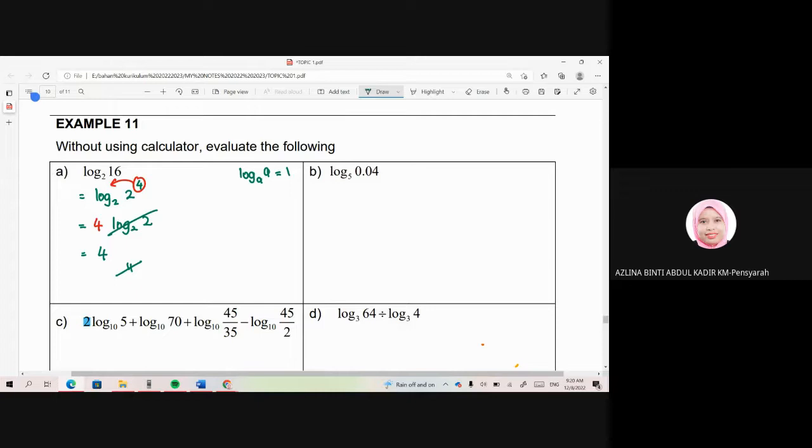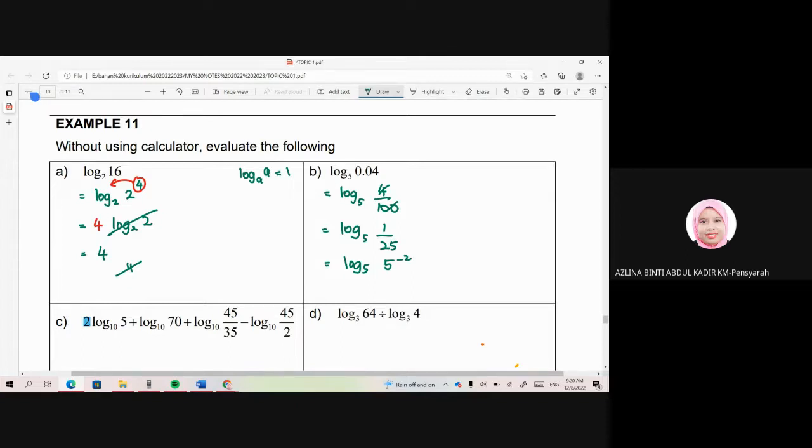Next, B. Log 0.04 base 5. First, you change to fraction form, that is 4 over 100. So 4 over 100 can be simplified as 1 over 25. And 1 over 25 can be written as 5 to the power of negative 2, referring to the rules of indices.